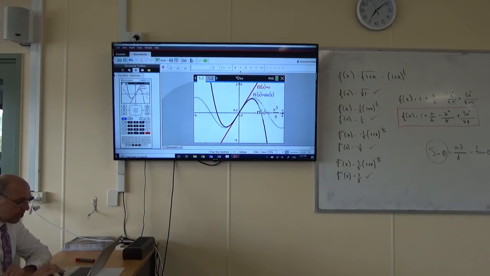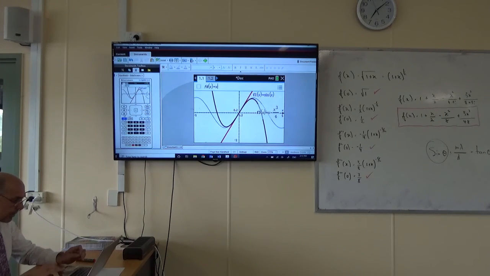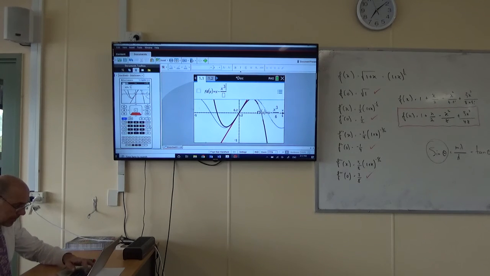So let's go here to the tab and let's just add on x minus, this will be x to the power of 3 divided by 6. And the next one is plus x to the power of 5 on 5 factorial.